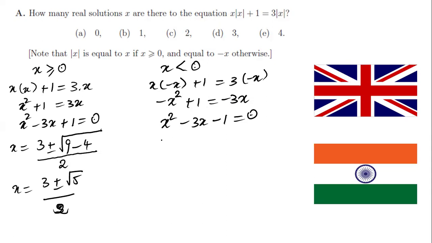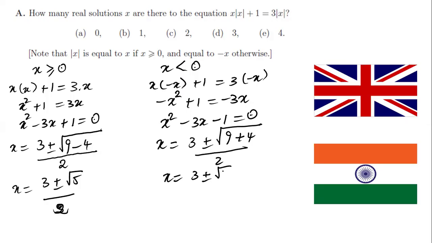When we solve this, we are going to have x equals 3 plus or minus the root of 3 square, 9, minus 4 into 1 into minus 1, that is going to be plus 4, over 2. So the solutions are x equals 3 plus or minus root 13 by 2.